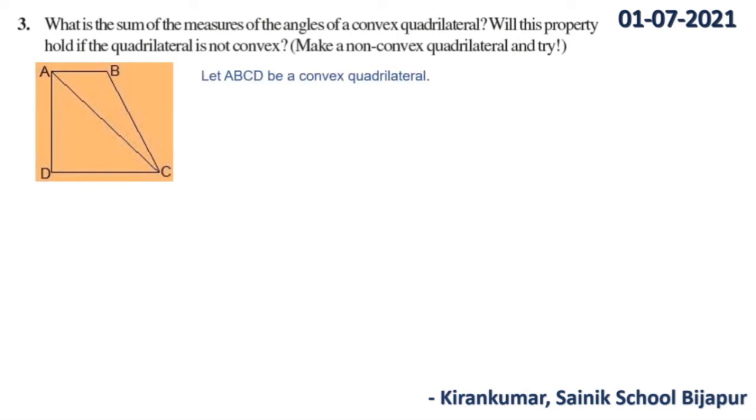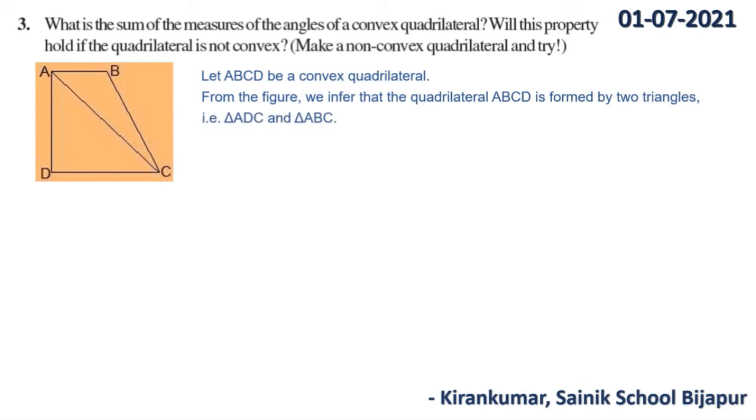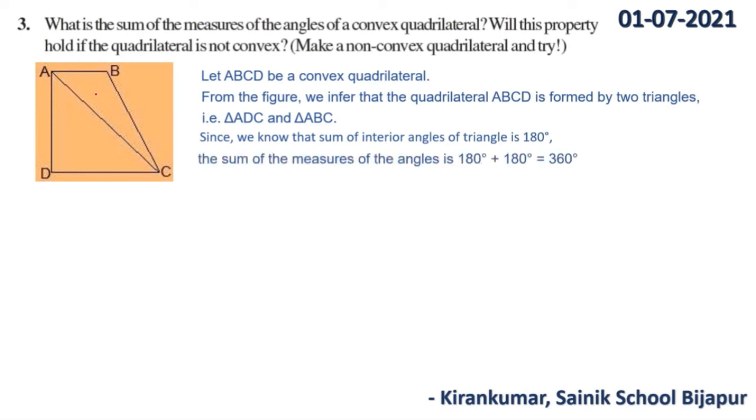From the figure, we infer that quadrilateral ABCD is formed by 2 triangles. They are the triangle ADC and the triangle ABC. You can see here 2 triangles are there. Since we know that the sum of the interior angles of a triangle is 180 degrees, the sum of the measure of angles is 180 plus 180, which is 360 degrees.